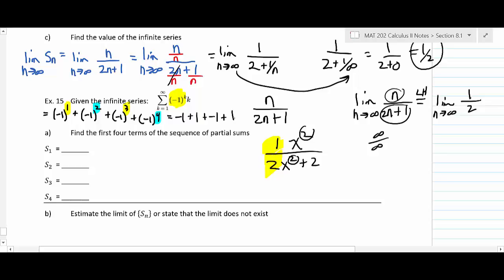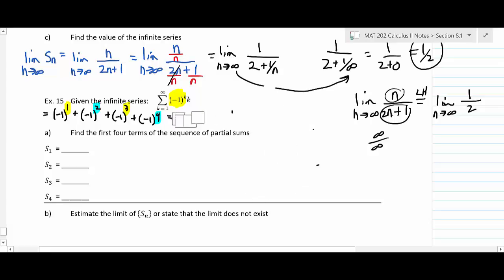Oh, hold on, I'm forgetting one part of this. I'm not paying attention here. I need to be careful about that. What did I forget? I forgot all about that guy. So let's slide that in there. That's just going to be times 1, times 2, sorry about that, times 3, times 4, and so forth.